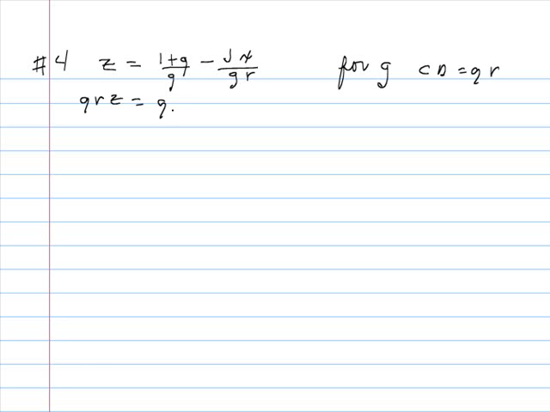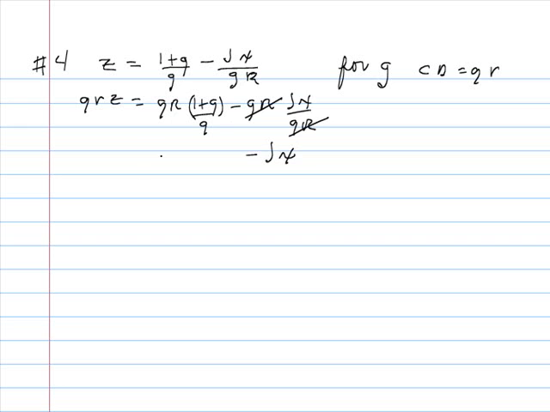GRZ equals GR times 1 plus G over G, minus GR times JX over GR. So again on the last term, the GRs cancel, so I'm left with minus JX.